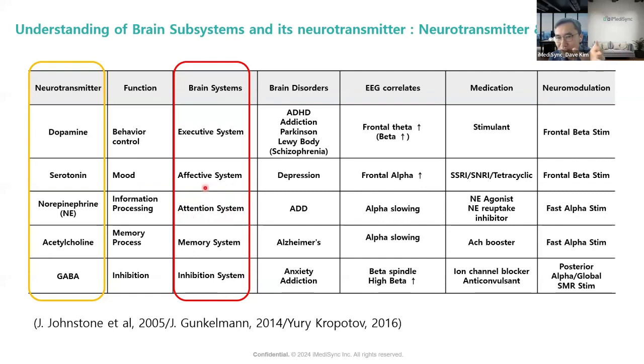And if the information is meaningful for us, then we need to memorize that information. That's why after the attention system, we need to memorize that information. So our brain system is basically an attention system and a memory system.